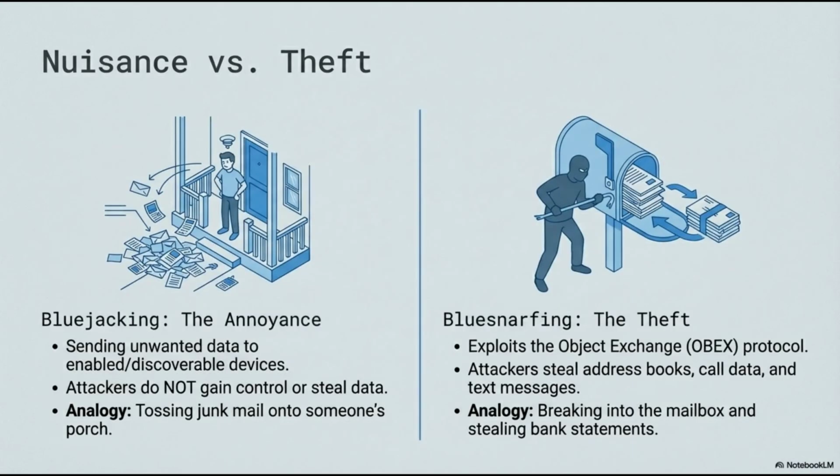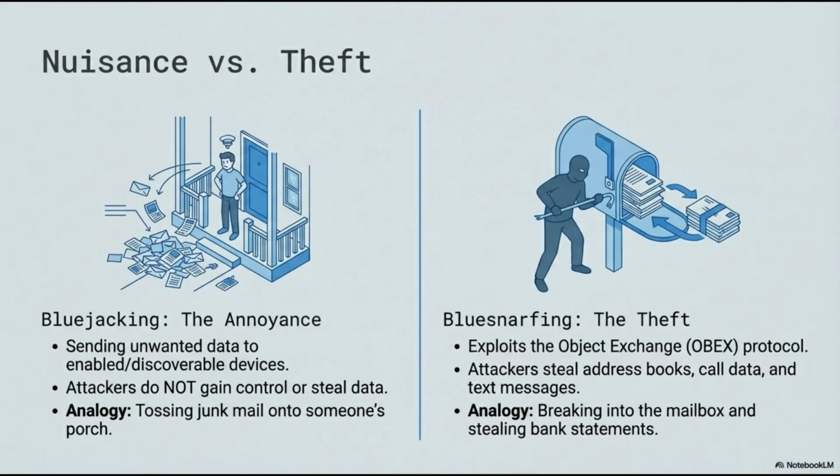Bluesnarfing essentially abuses that open door, asking the device for sensitive files, and the device, prioritizing convenience over security, just hands them over. So it's a polite request that the phone shouldn't be answering. Got it. Take a moment to mentally map this out. Here's the prompt. Analyze the role of the Object Exchange Protocol, OBEX, in a bluesnarfing attack, and explain why a bluejacking attack does not pose the same risk of data exfiltration.